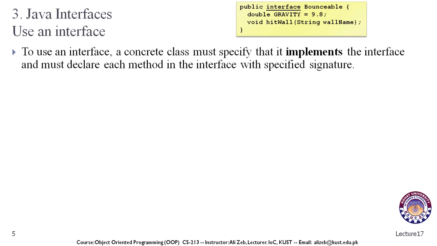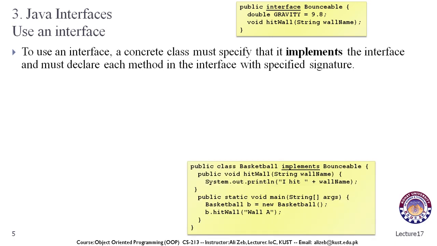Now the method of the interface is an abstract method. For a class to be able to use this interface, it needs to implement this interface using the implements keyword. Public class Basketball implements Bounceable allows the Basketball class to implement the Bounceable interface.